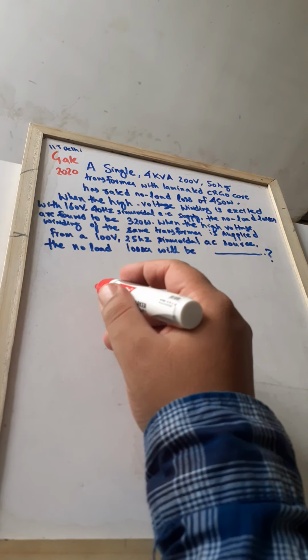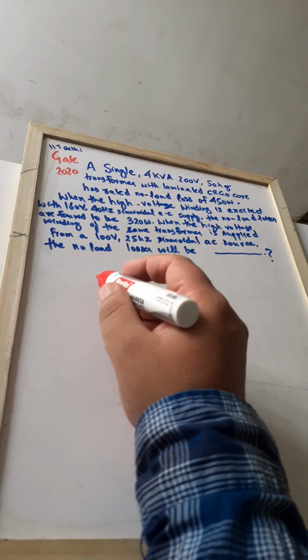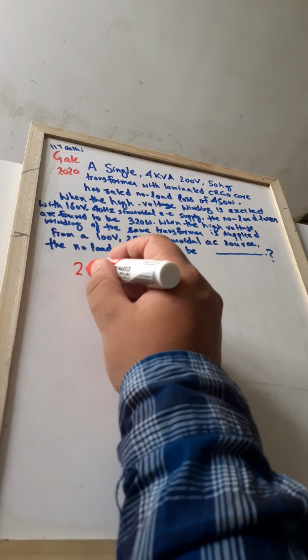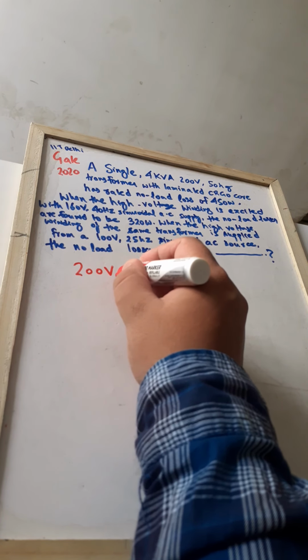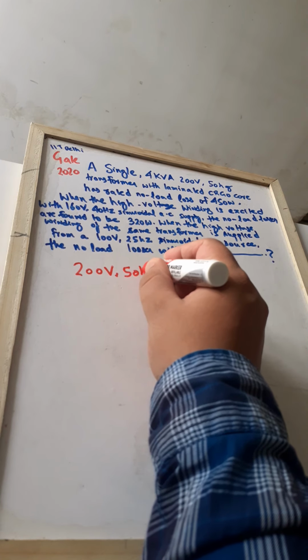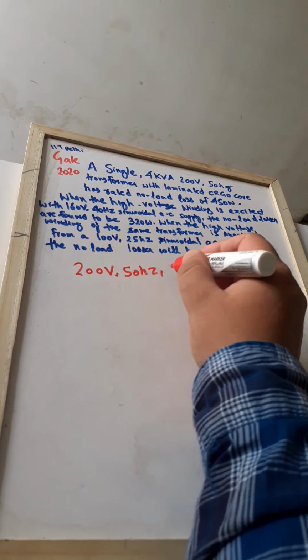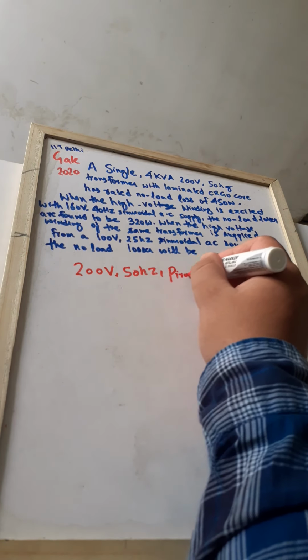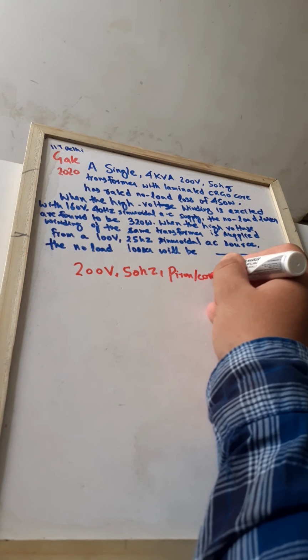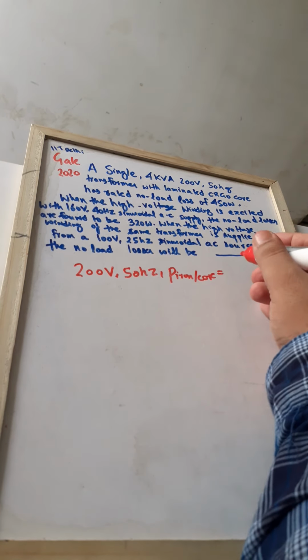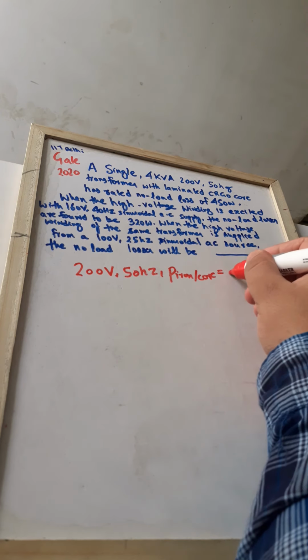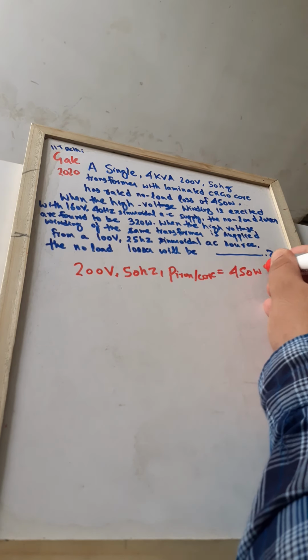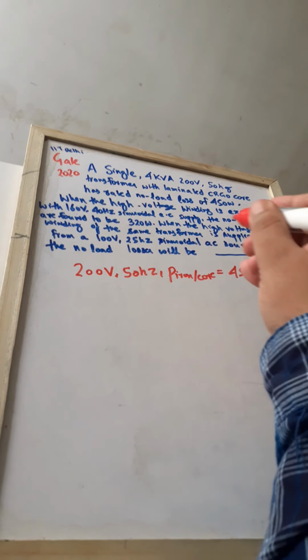Essentially, if we see this transformer, what is given is at 200 volts, 50 Hz, the iron losses, or core losses, P iron, are 440 watts.